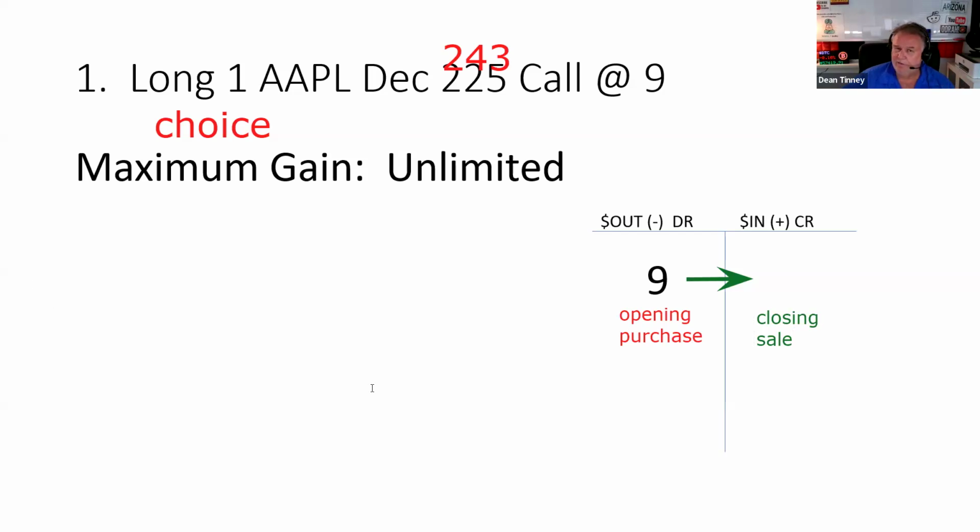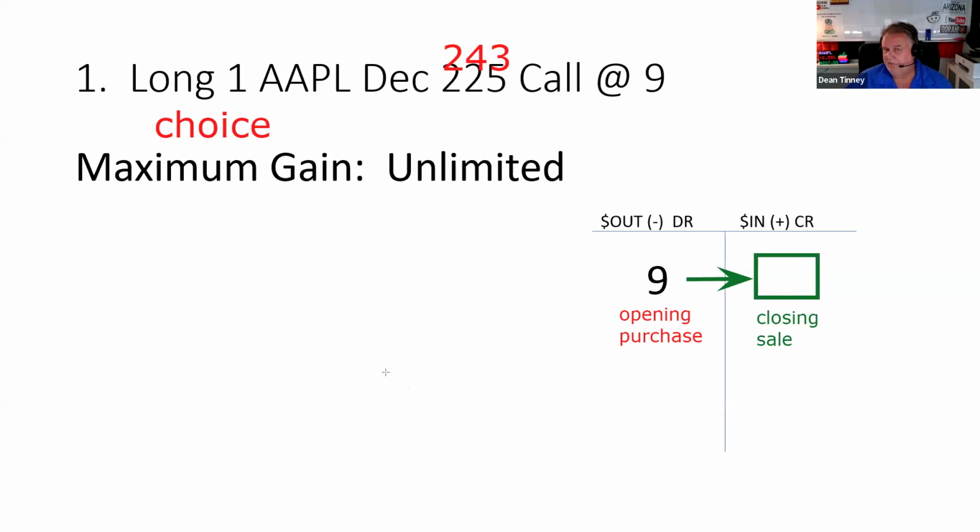If I ask you what is the intrinsic value of a 225 put with Apple at 225, that answer is 18 points. That's not what I'm asking you. I'm asking you if you close it out for the intrinsic value, what is the gain or the loss?